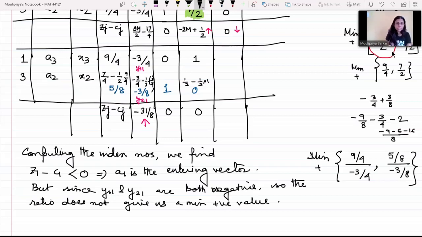If this be the case, the given LPP has an unbounded solution.